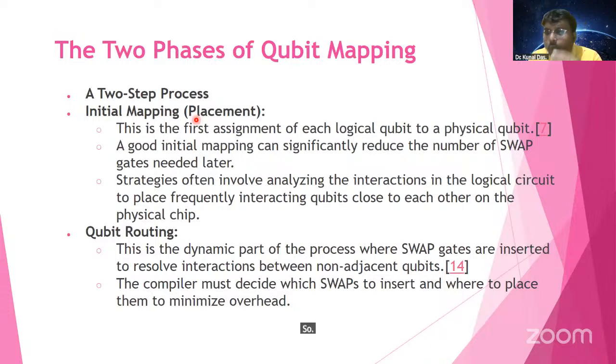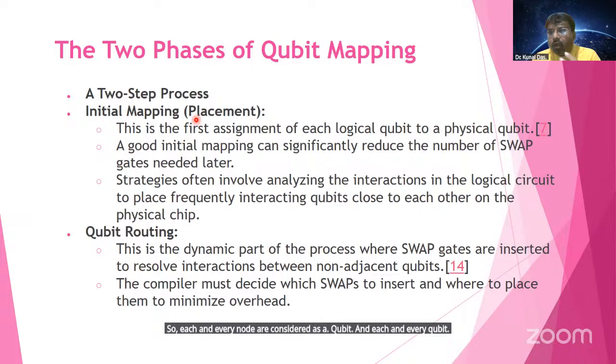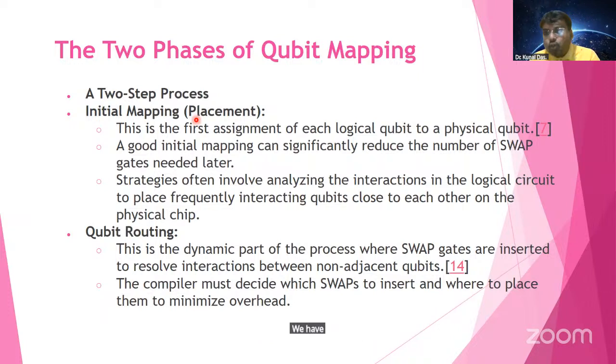Each and every node is considered a qubit, and each qubit now has a degree. Which qubit has the highest degree? We have a high preference for selecting that qubit for the initial mapping. Now, since I considered the highest degree, in qubit routing, in this dynamic process, the swap counts or swap gates resolve the connectivity with the non-adjacent qubits.